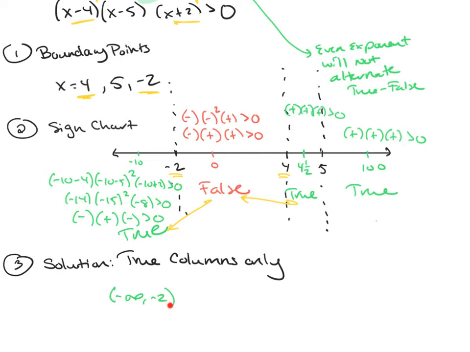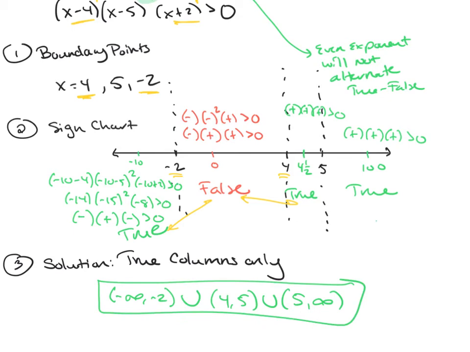So -infinity to -2 with parentheses, union, because we want to skip the false column, the interval from 4 to 5, union 5 to infinity for our last true column on the far right. Okay. All right. Let me box this answer, make a quick comment about those last 2 columns.